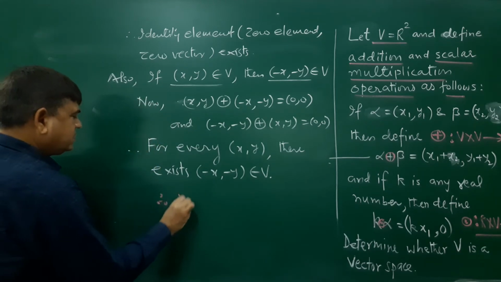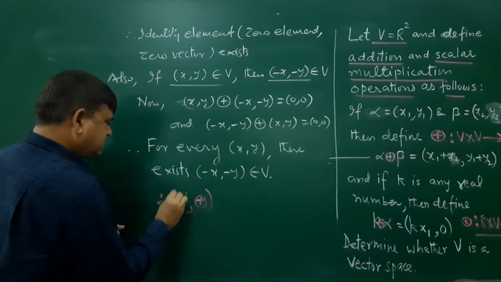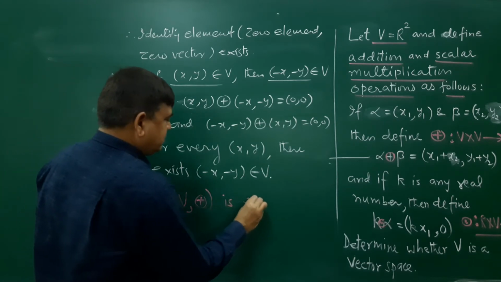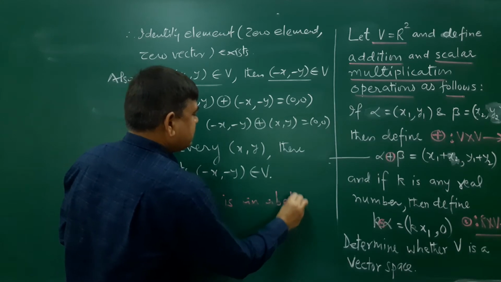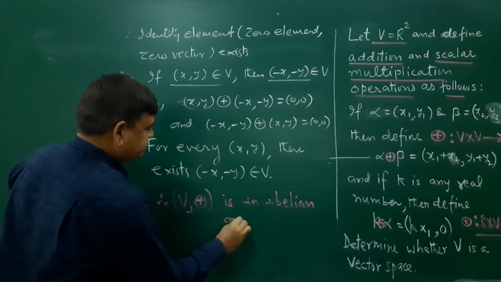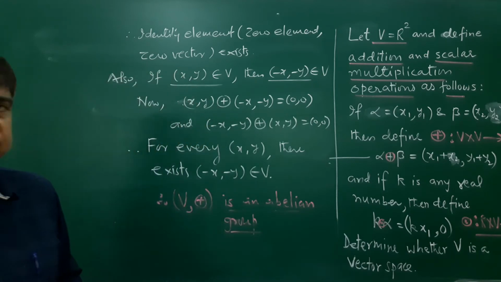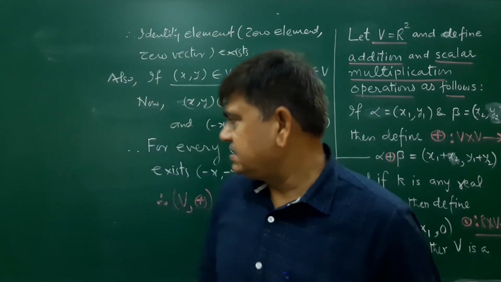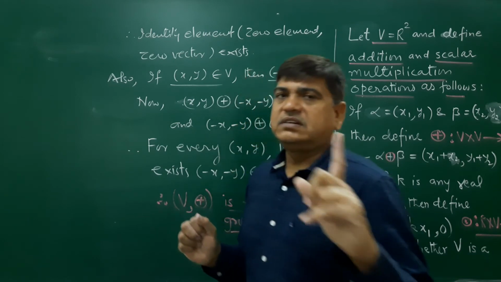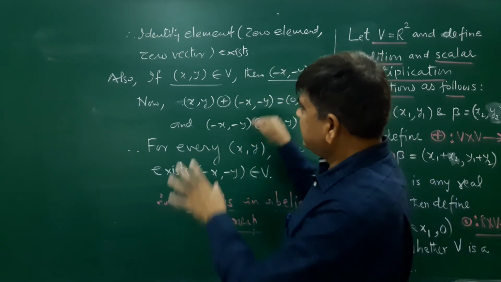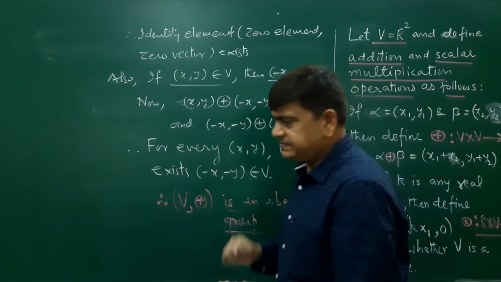Therefore, V with respect to this is an abelian group. Okay, this is an abelian group. This is the standard one. Yesterday it was done. Again, it is repeated.